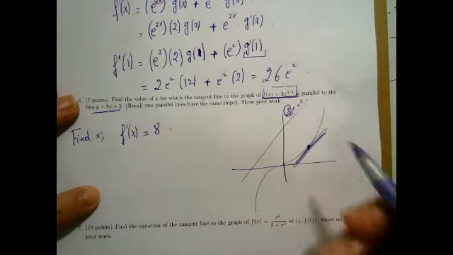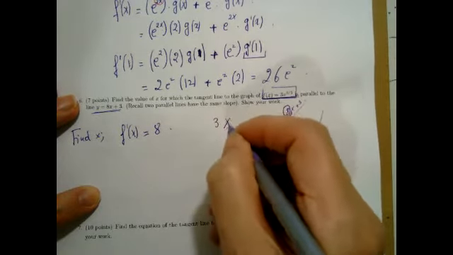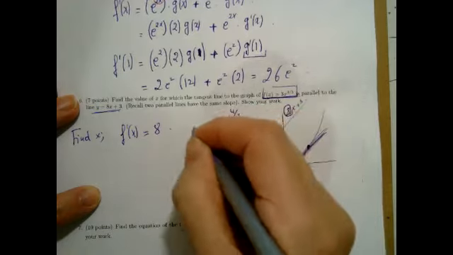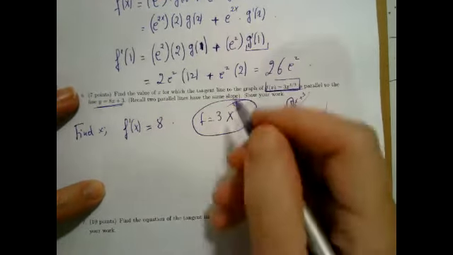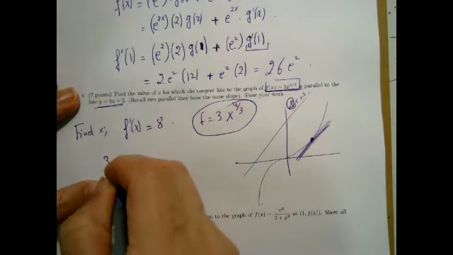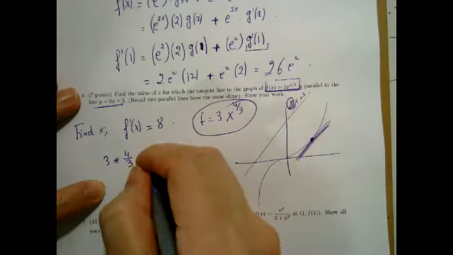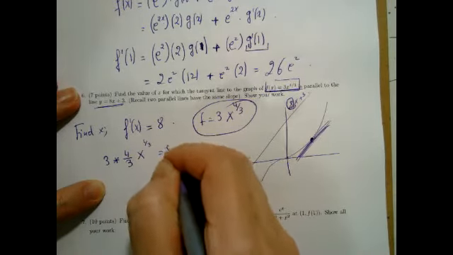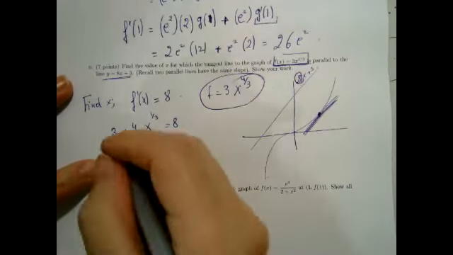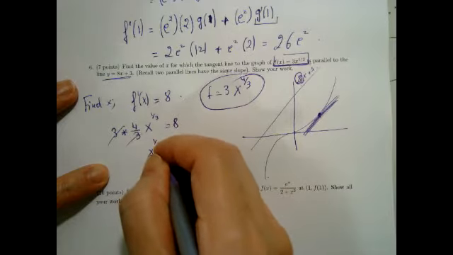I know the function is not very clear on the screen, but you guys have the exam, so you should know that's my function f. So my derivative is 3 times 4/3 x to the 4/3 minus 1 equal to 8. And I need to solve for x. This cancels out. It means x to the power a third.